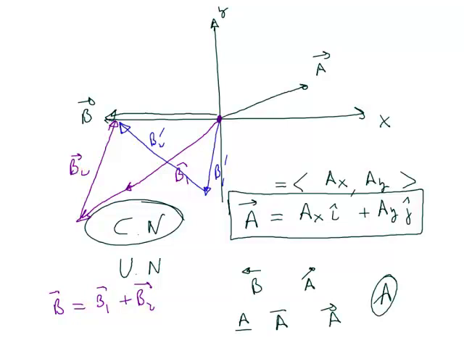Hence, I'm going to decompose vector A as AX and AY. Since AX is along the X and AY is along the Y, bang! I have identified a right angle triangle, which will allow us to use all the trig, because this is my angle 30. So that's the trick.